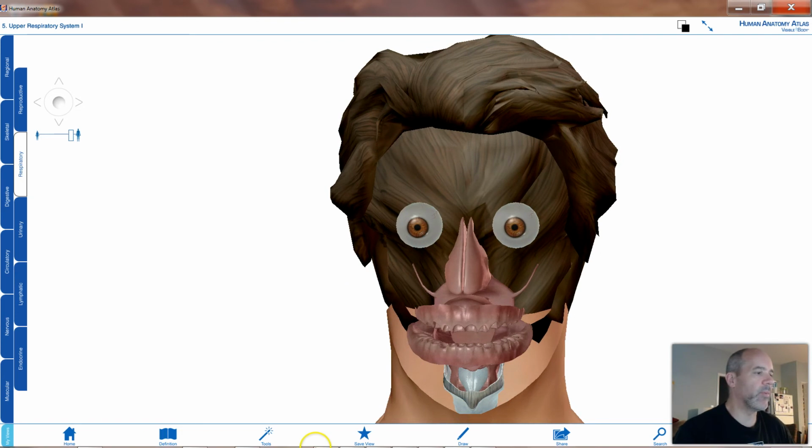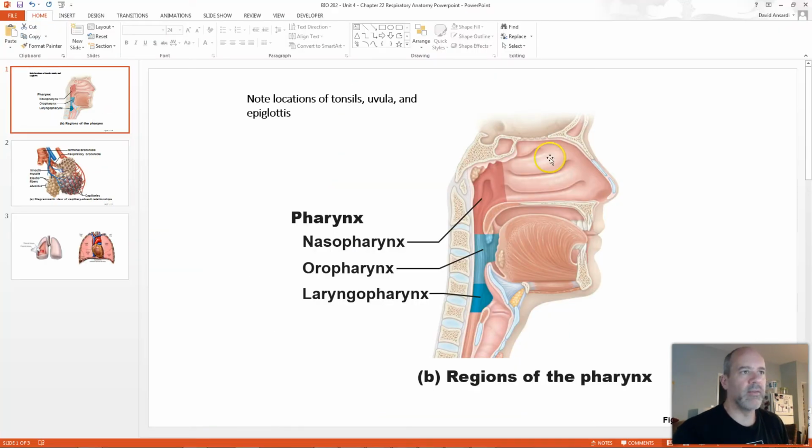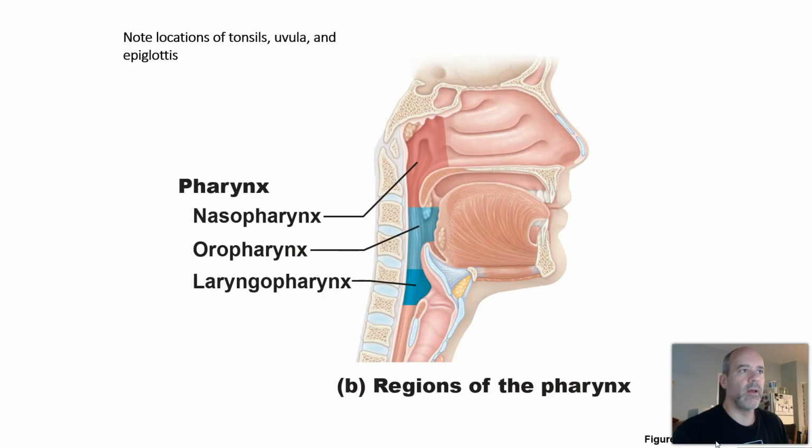And actually, let me flip over to a PowerPoint, because this diagram from your textbook shows this a little bit better for you than does Visible Body. So you have the inferior, the middle, and the superior nasal conchae. So bottom, middle, and top.